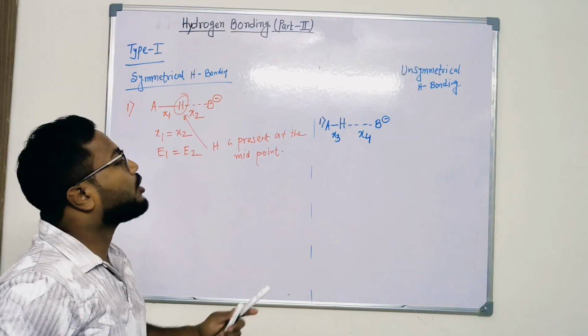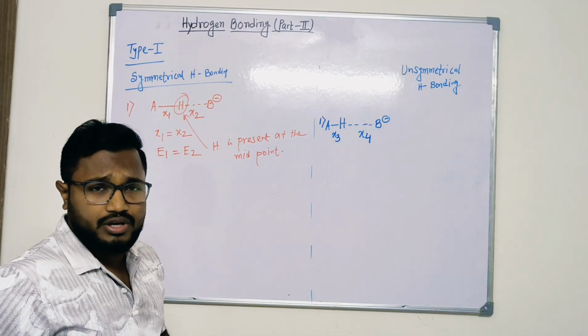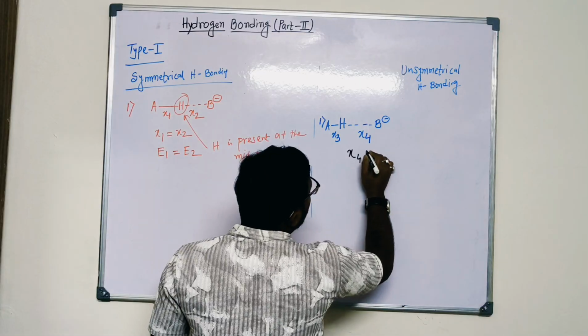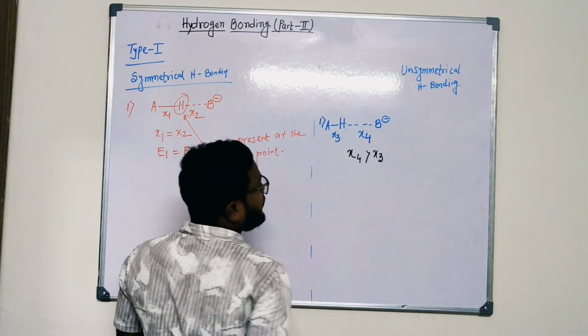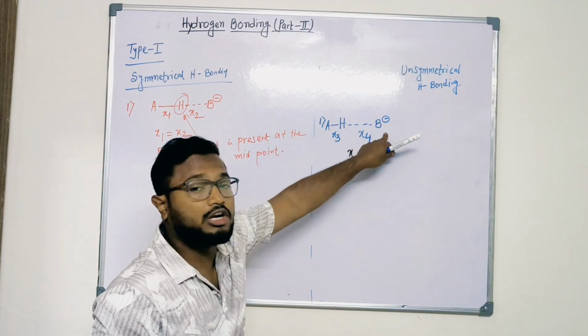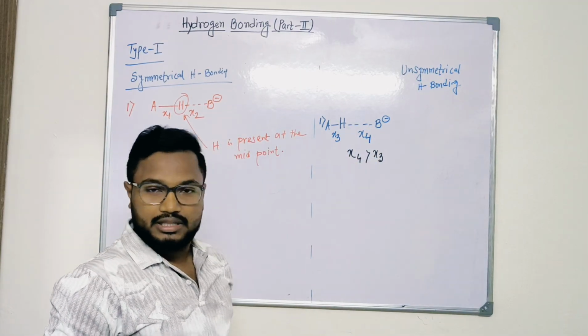If we comment on the length, we can clearly see that x4 is greater than x3. So the bond length is more in case of H and B. x4 is greater than x3.